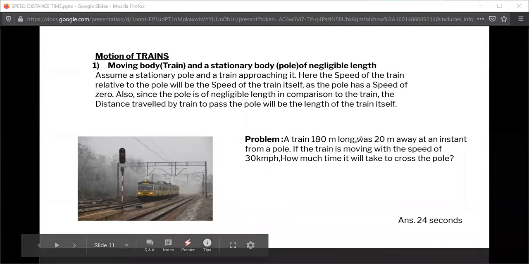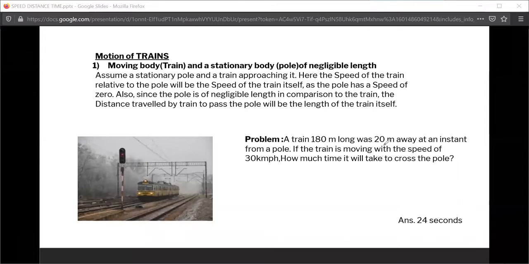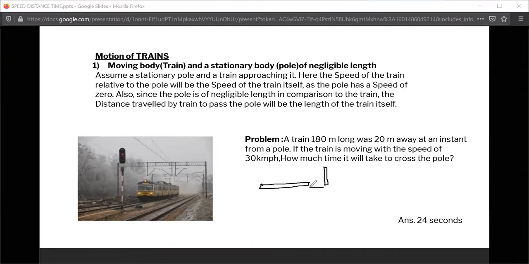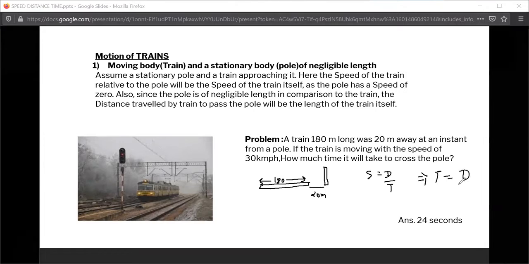A train is 20 meters away at an instant from a pole. So suppose this is my train and this is my pole. This distance is 20 meters. This distance is 180 meters. So how much time will it take to cross the pole? Speed is equal to distance by time, so time equals distance by speed.